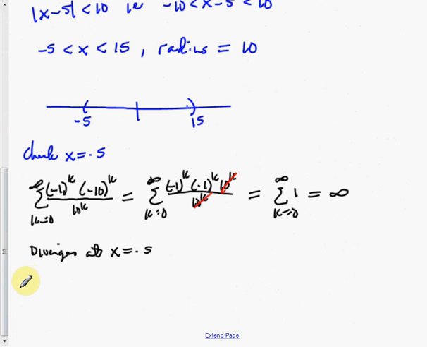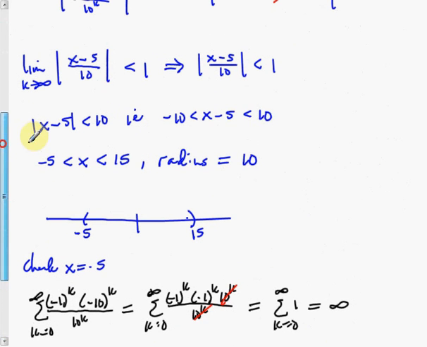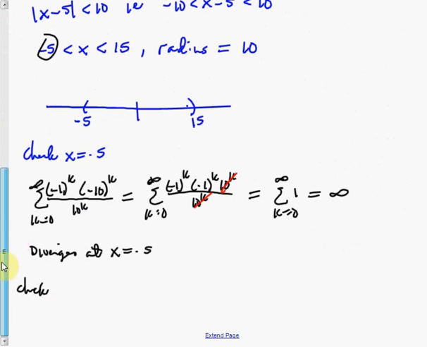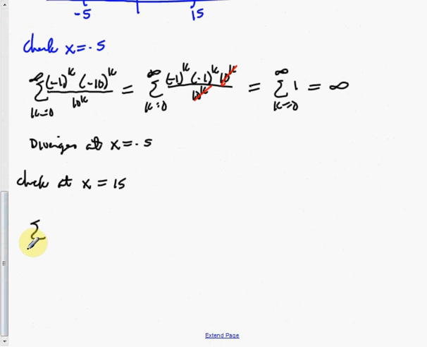So what about we check at x equal to 10, 15, I'm sorry. We check at the endpoints, negative 5. We check at 15. Summation as k goes from 0 to infinity, negative 1 to the k.